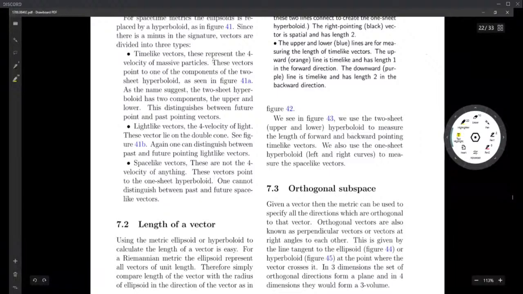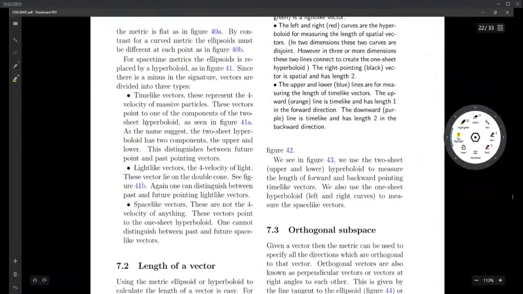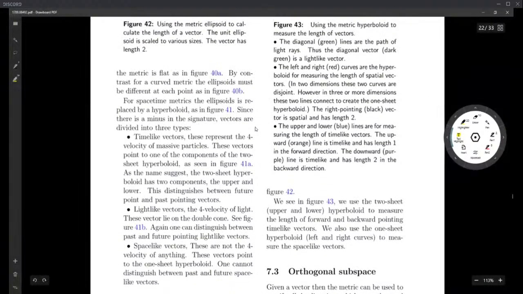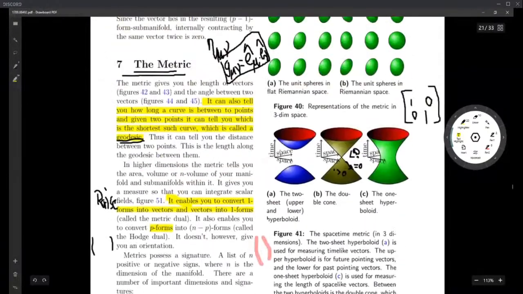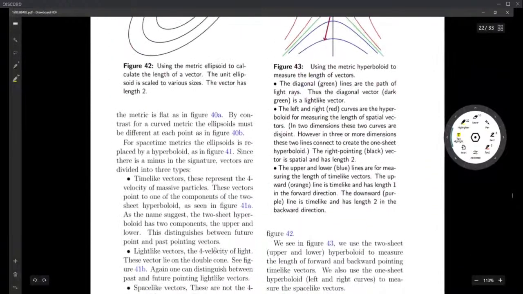But they always point to one of the two components. So you can distinguish between future-pointing time-like vectors and past-pointing time-like vectors. So you'd essentially use the metric in two sheets, one as an upper hyperboloid and one as a lower one, as shown in this diagram.